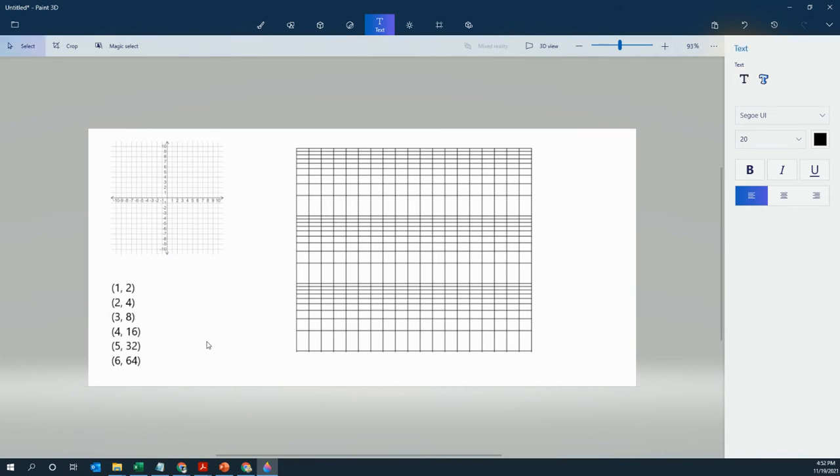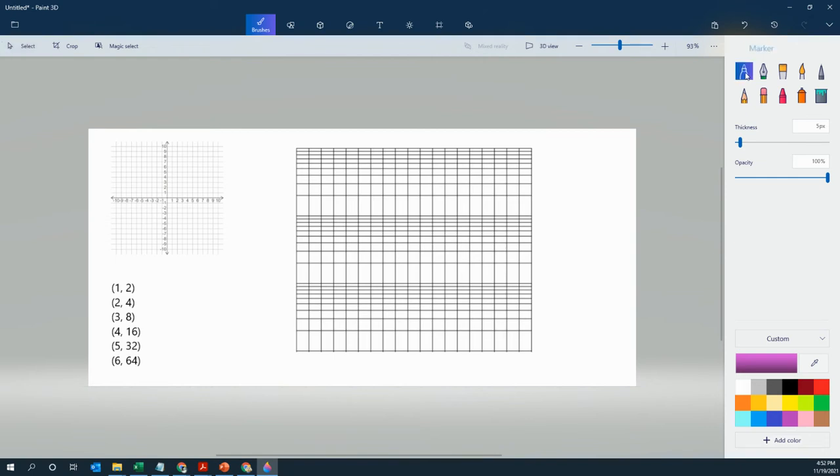So let's try to graph this on the graph paper that we're already familiar with, right? So we're going to go in there and let's do this with red. So 1, 2 is there. 2, 4 is there. 3, 8 is there. 4, 16.